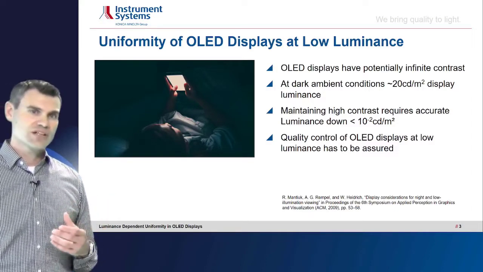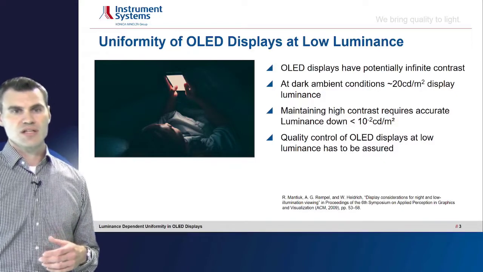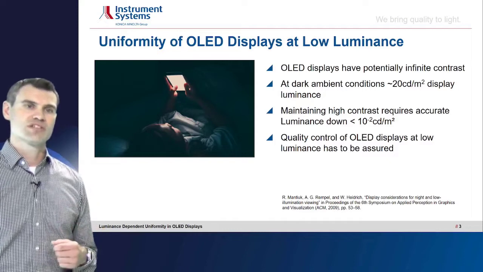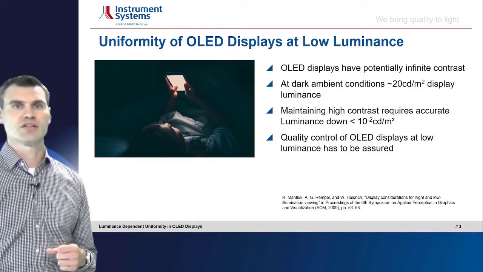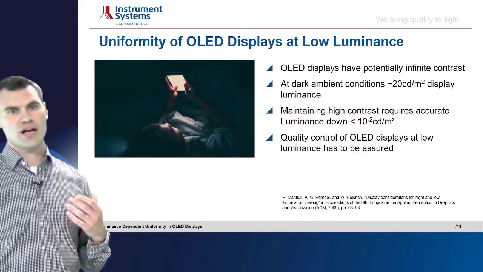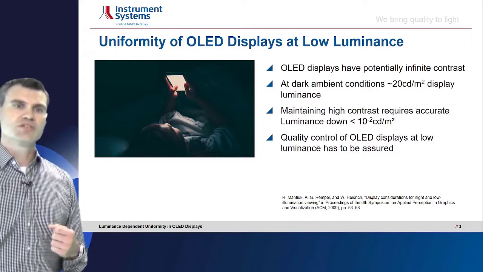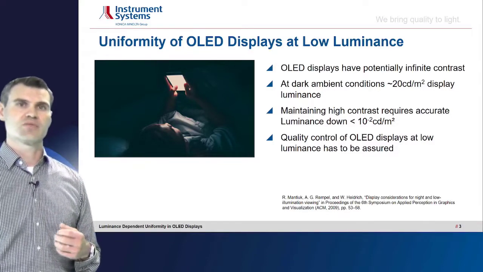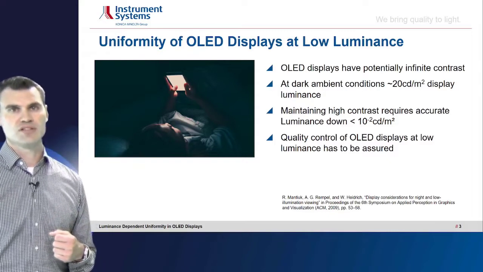And in order to maintain a high contrast at these conditions, it's required to have a stable luminance also down to values in the range of 10^-2 candela per square meter. So in order to assure a high quality control of OLED displays, we need to assure that we can measure the luminance and luminance uniformity at these conditions.